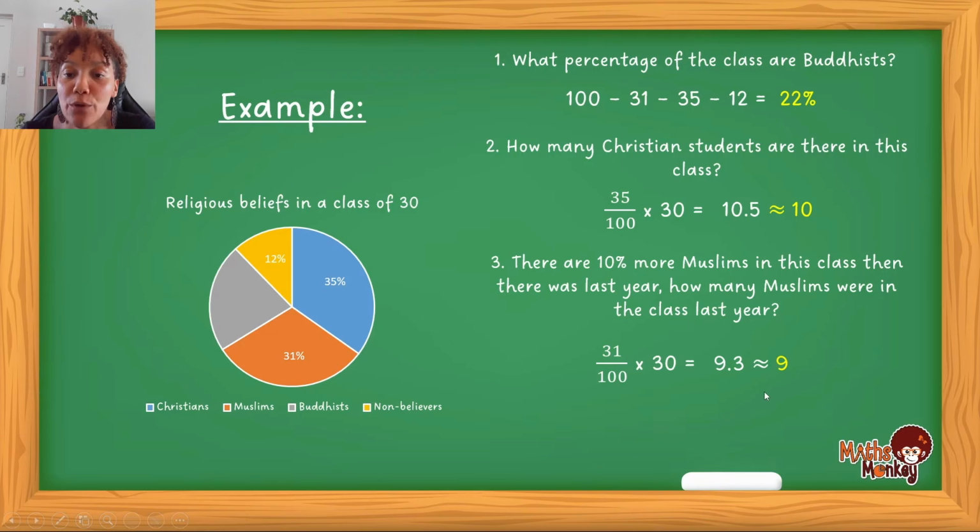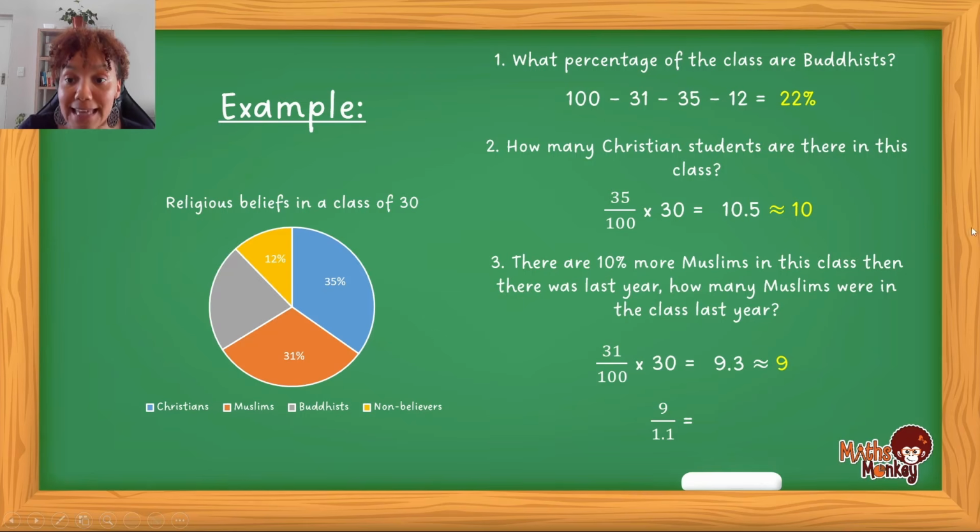So how would we do this calculation? Again, we want to know how many were in the original class. Remember, the original class now represents the 100%, and this year there was 10% more.